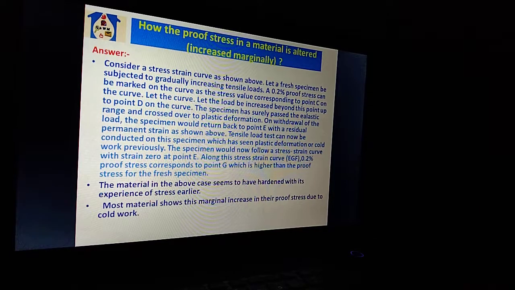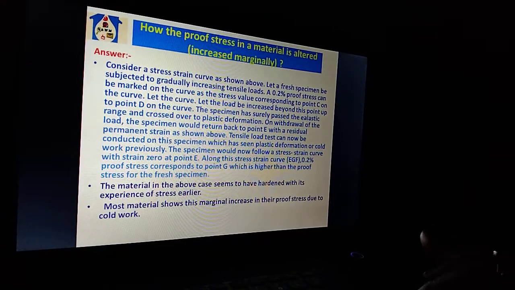The material in the above case seems to have hardened with its experience of the strain earlier. Most materials show a marginal increase in their proof stress due to cold work.